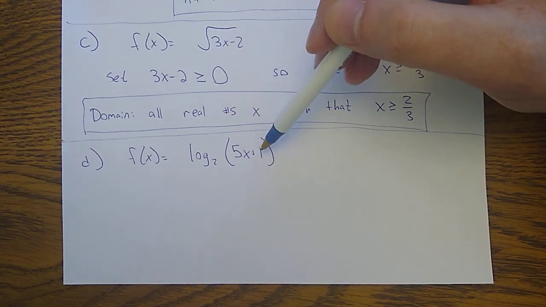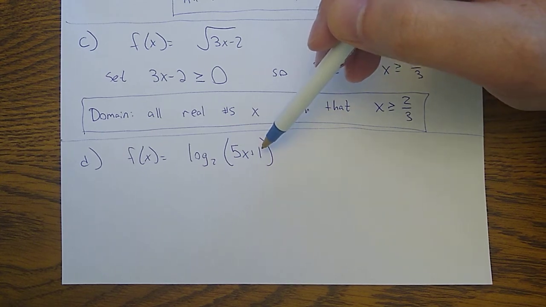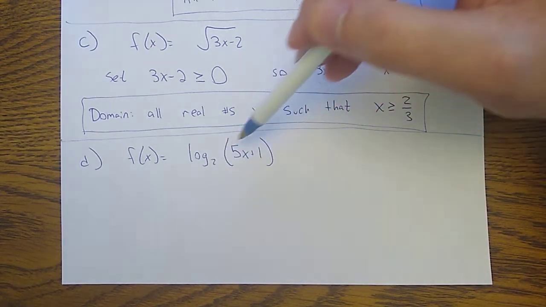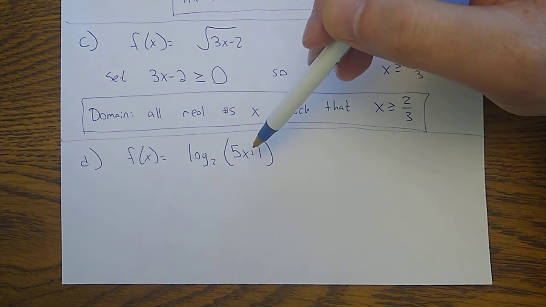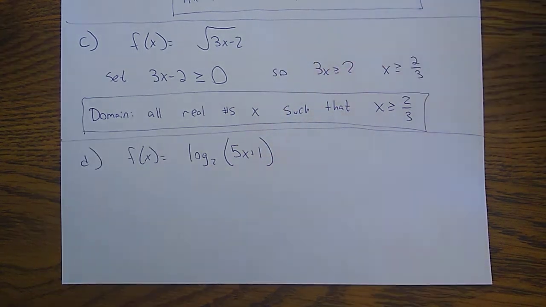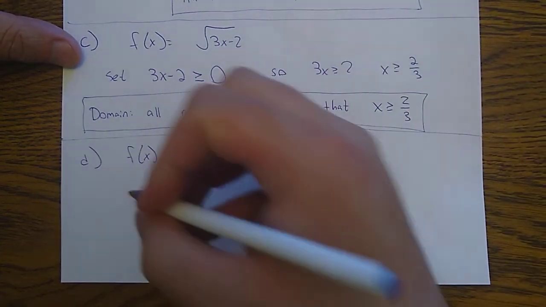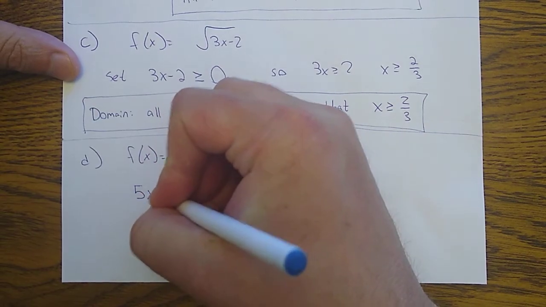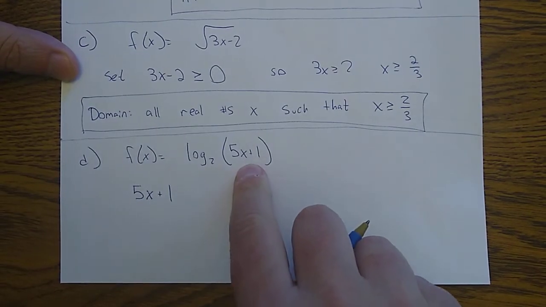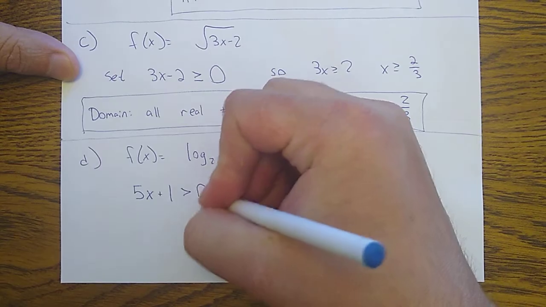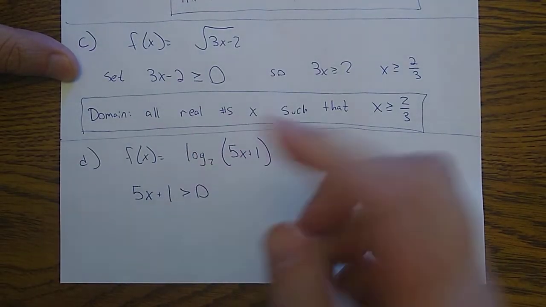You cannot do the logarithm of 0. The logarithm of 0 is undefined. To do the logarithm of something, it has to be actually greater than 0. It cannot be 0. But it's a small difference. So what do I do here? Instead of setting this greater than or equal to 0, it's just greater than 0. And then this is easy.